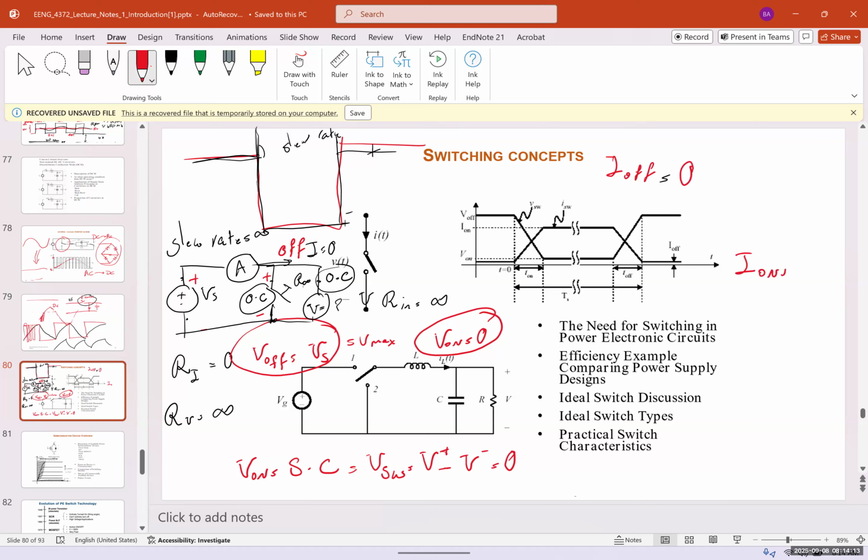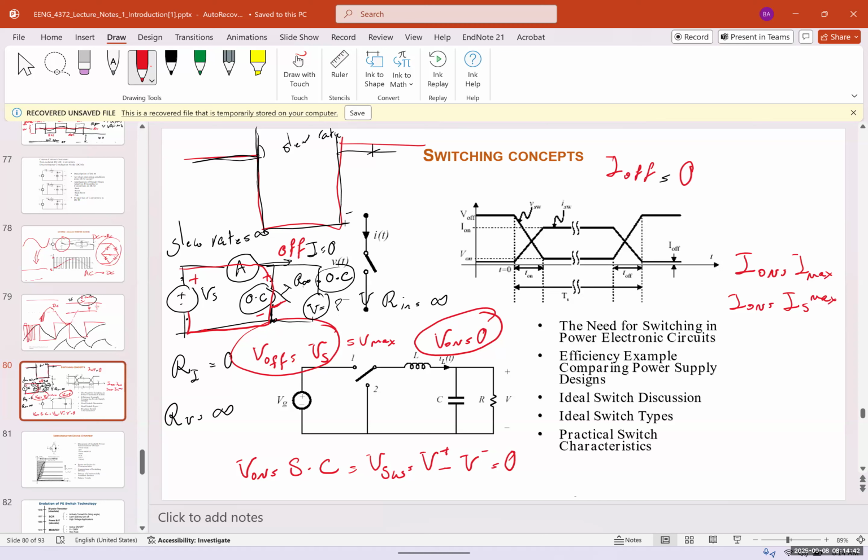But when it's on, what is the current going to be? When it's on, this is connected, all the current would directly pass through this. And since we don't have any resistance in the circuit, because we would assume that this is ideal, I on would be equal to I max. In other words, I on would be that maximum current that is coming from the source.